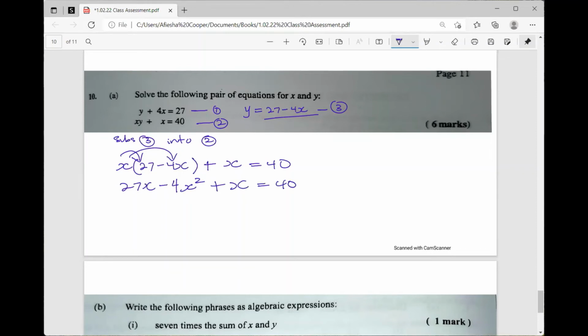What's our next step from here? Y'all, what's the next step? Bring the x's together. All right, what would that be?